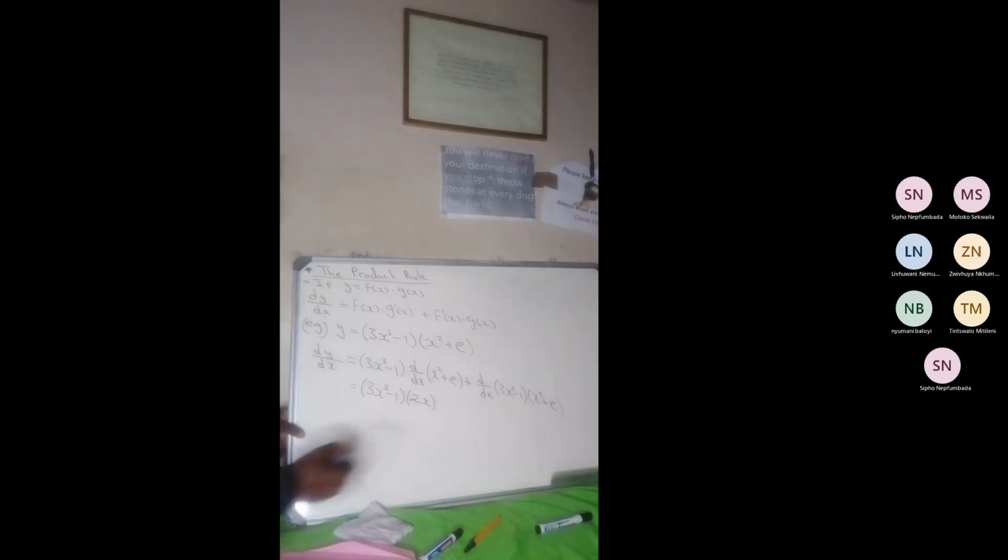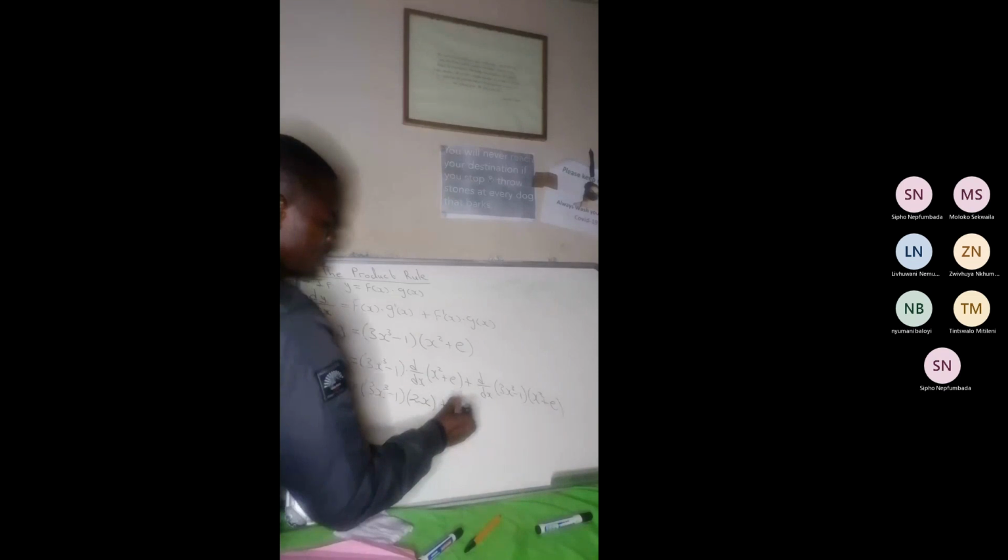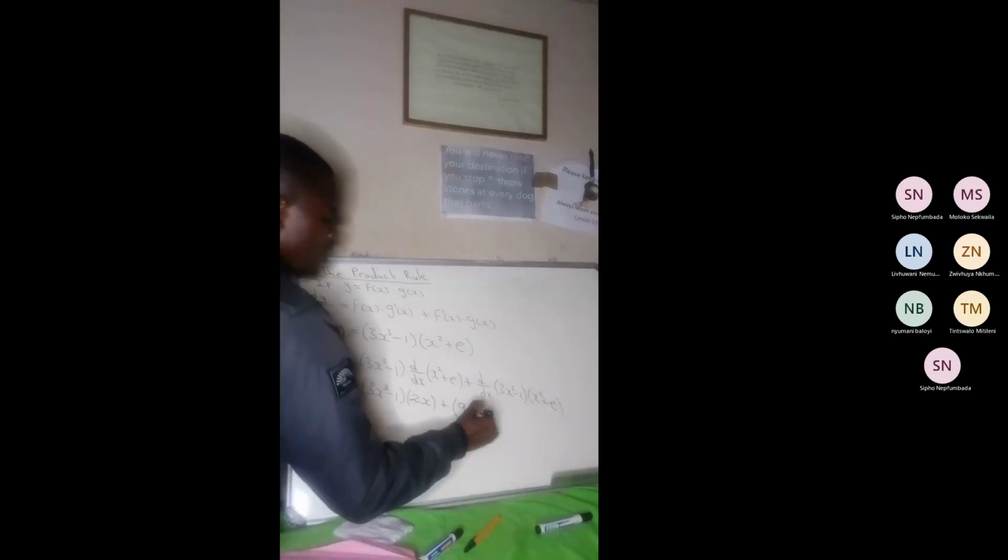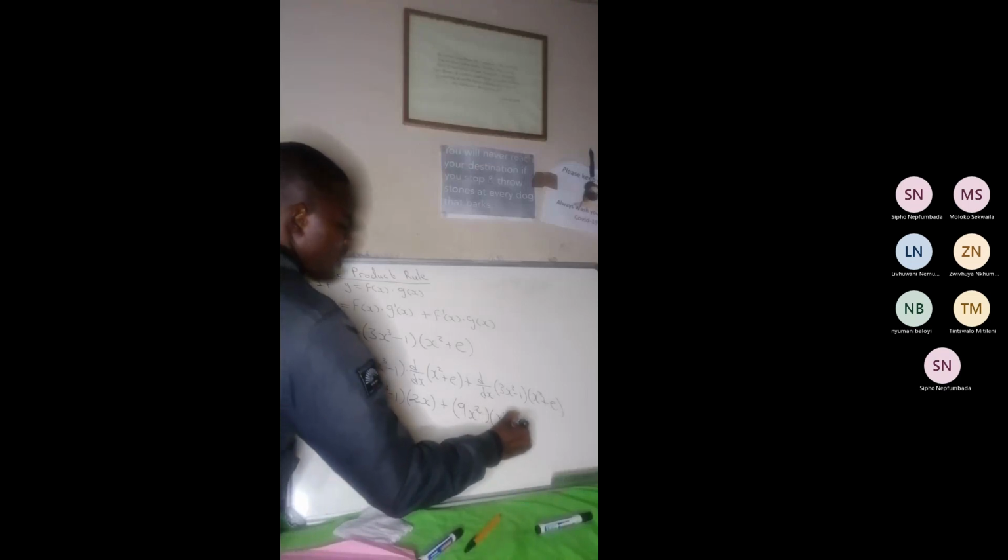It's 2x because e is a constant, where there's no x, 0. Plus, the derivative of this is 9x to the power 2 multiplied by x squared plus e.